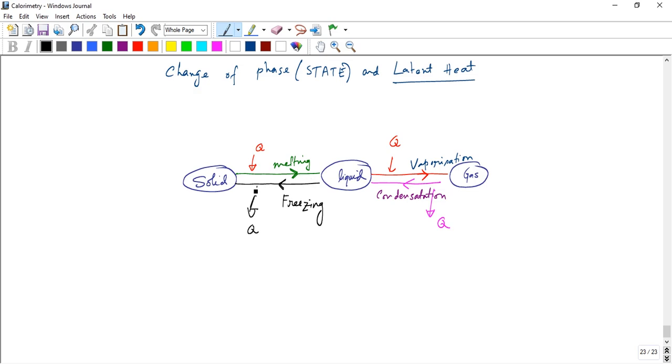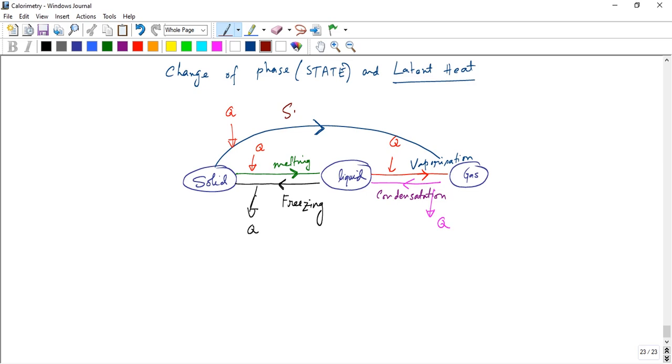Very important: when some object or material is heated, it may skip the liquid part and transfer directly into gas when heat is absorbed. This transfer from solid to gas, skipping the liquid state, is called sublimation.